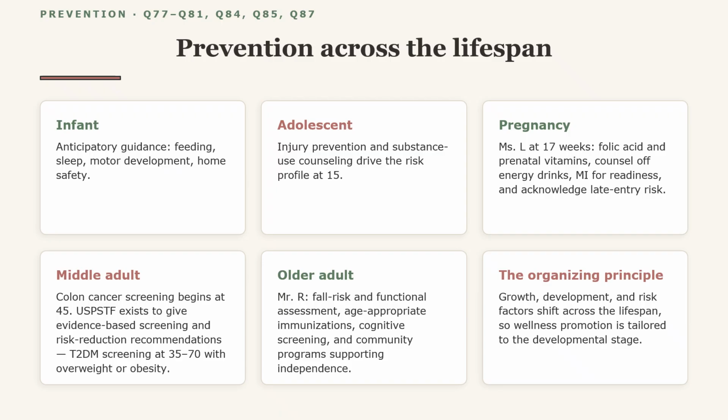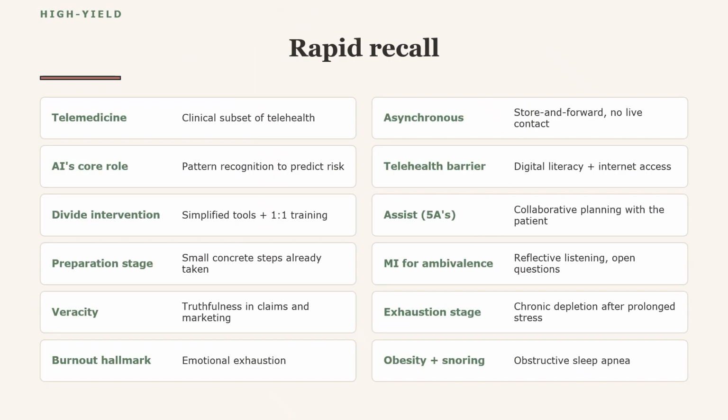So wellness promotion is tailored to the developmental stage. I really, really, really like Erikson's stages of development, only because I have seen in practice that they are truly applicable.